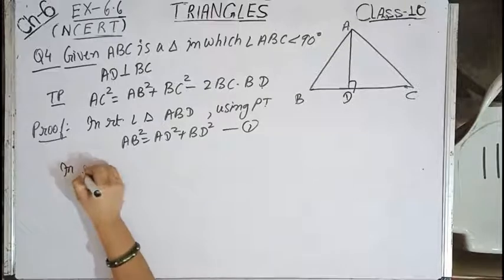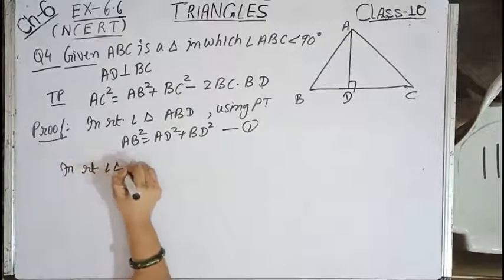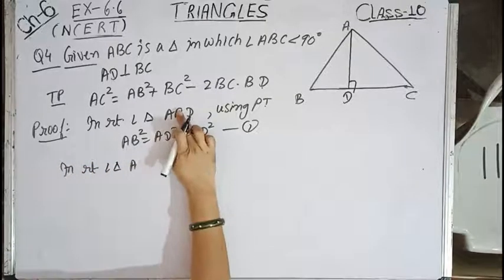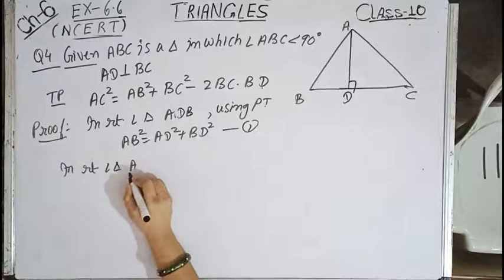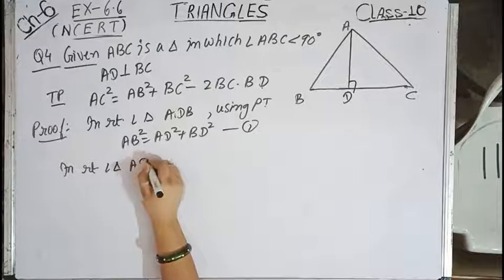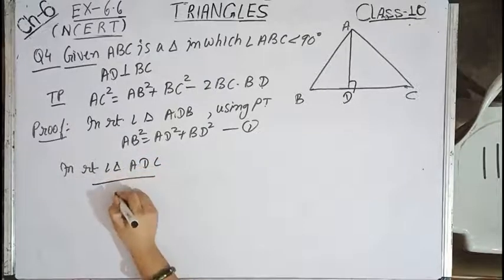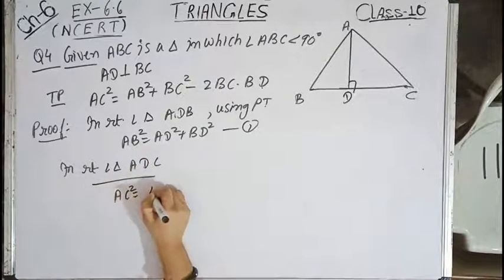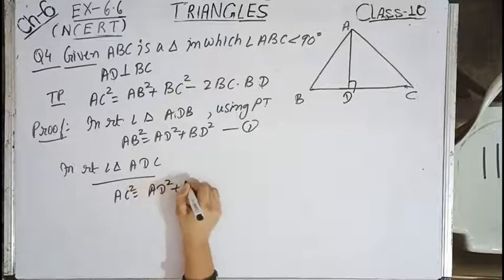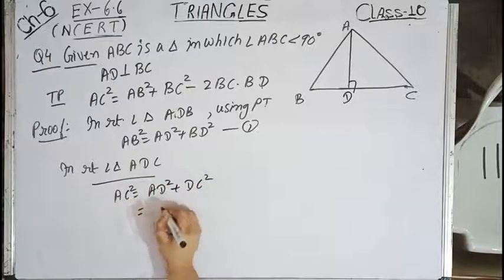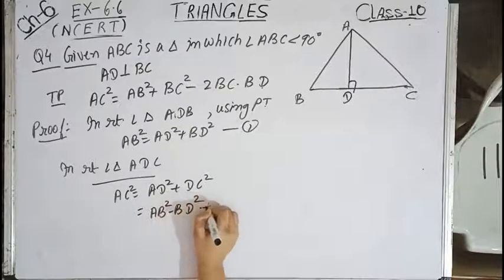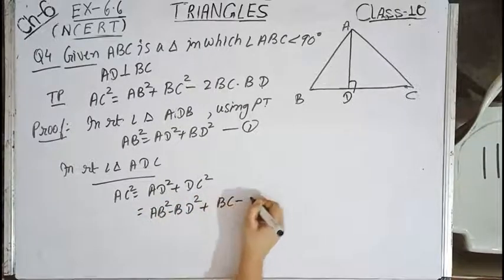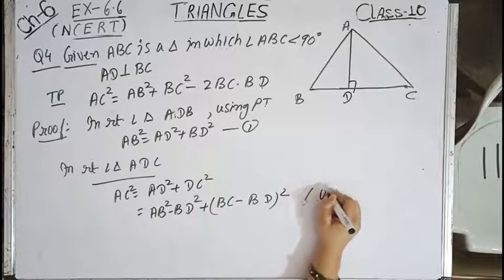Now in right angle triangle ADC, AC square equals AD square plus DC square equals AB square minus BD square plus BC minus BD whole square, using 1.